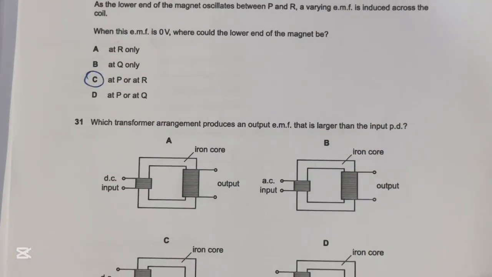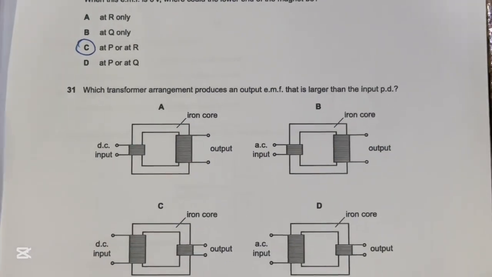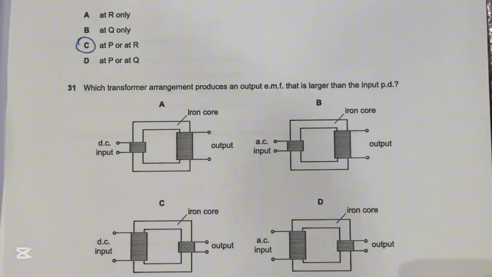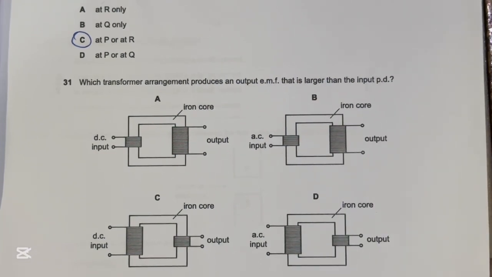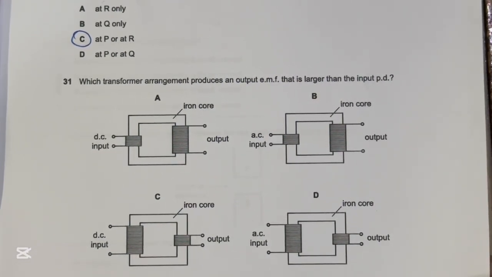Moving to question number 31. Which transformer arrangement produces an output EMF that is larger than the input? It means it should be a step up transformer.